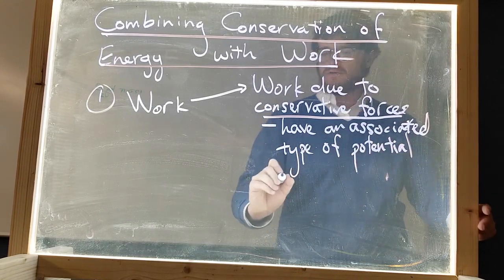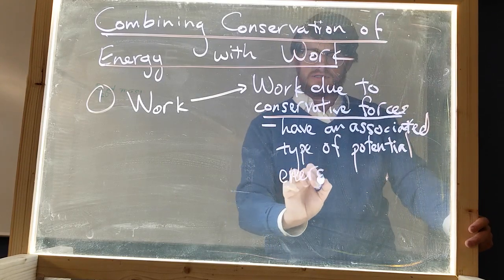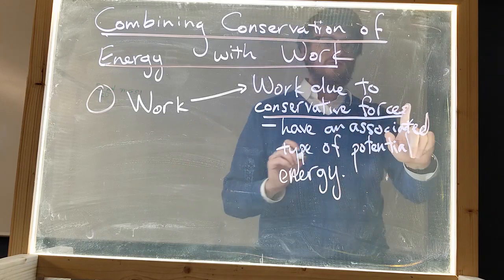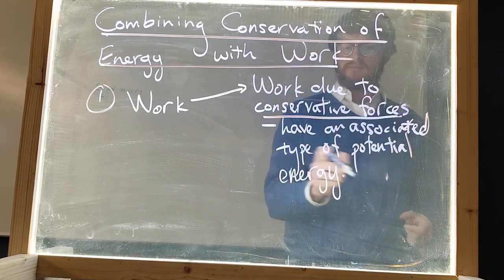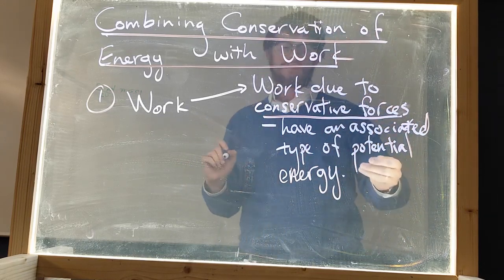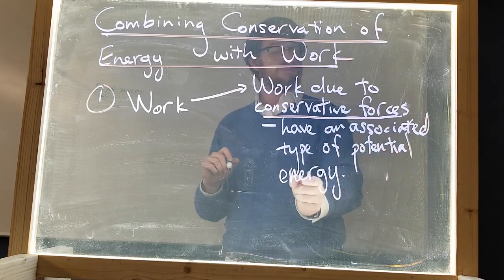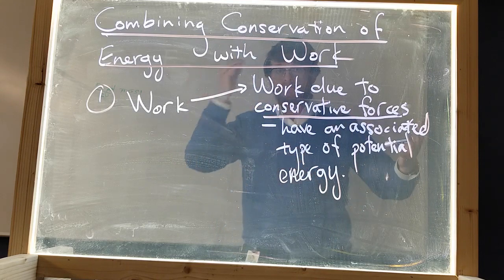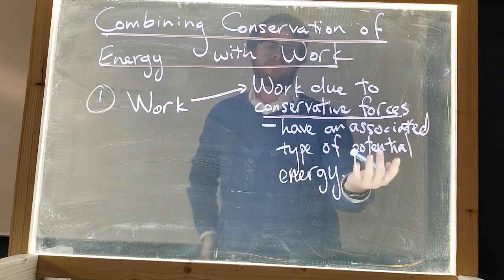Right now, depending on when you're watching this, you may only know one conservative force, one force that has an associated type of potential energy. So we may just have gravitational potential energy, but there are quite a few types, actually, of potential energy.